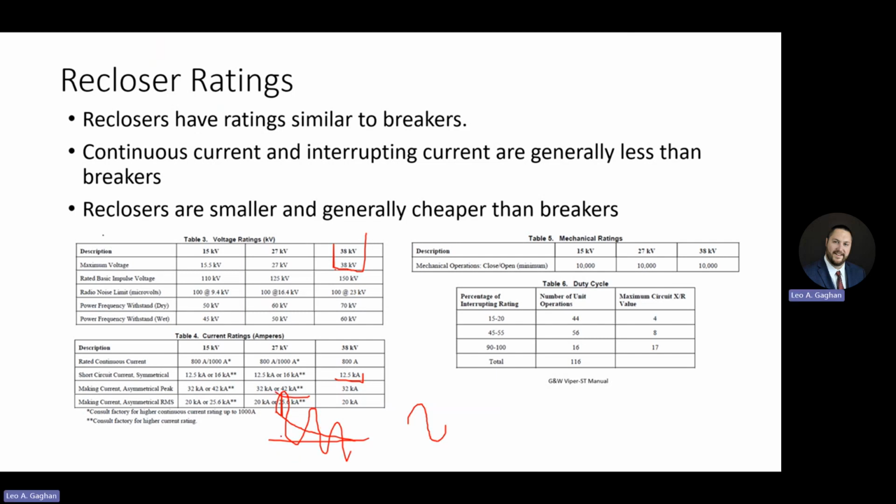And then you've got your duty cycles that it can handle, which is how quickly can it reclose and charge back up and things like that. And then how many operations it can have. All very similar ratings that you would see compared to a breaker.